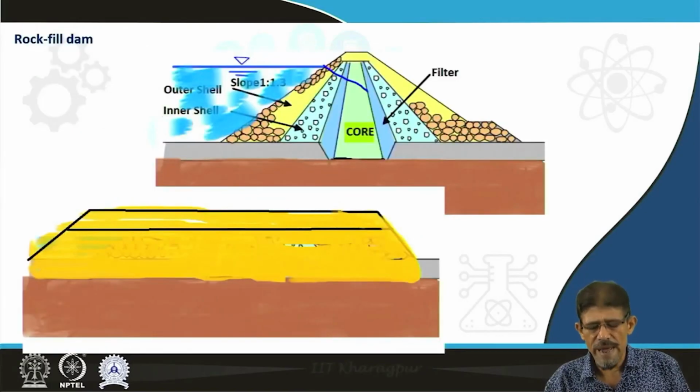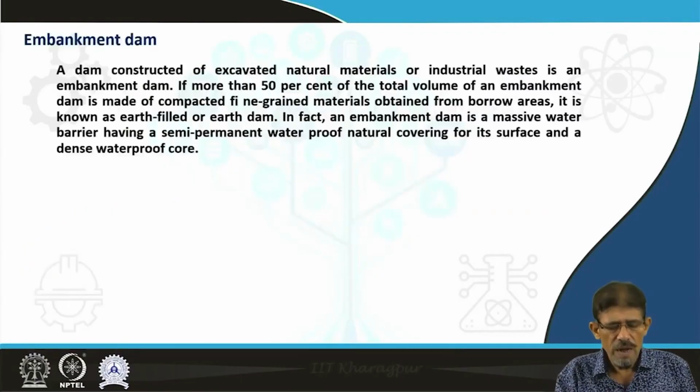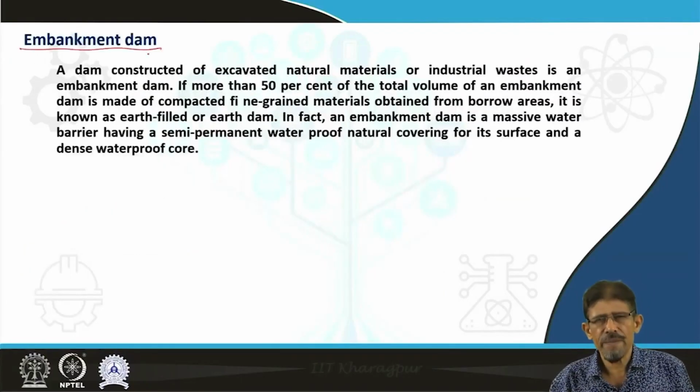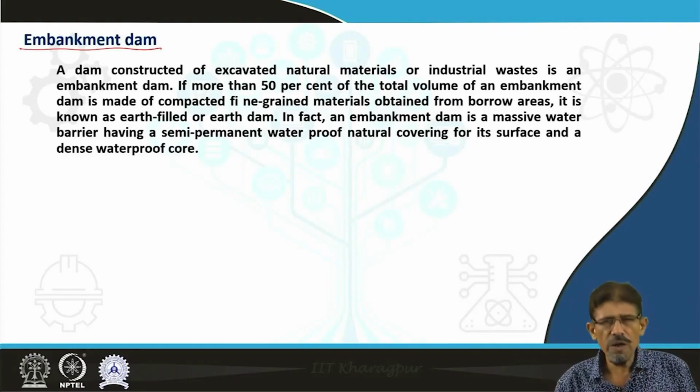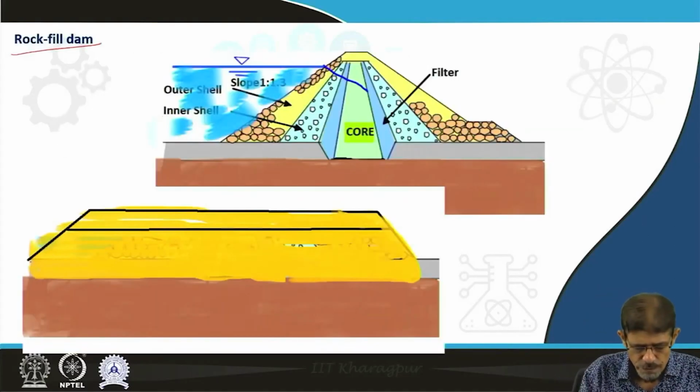The next type of dam is a very simple dam, the embankment dam. The name embankment refers to the placement of material one layer after another. Here I try to show a simple design. This is the supposed ground.